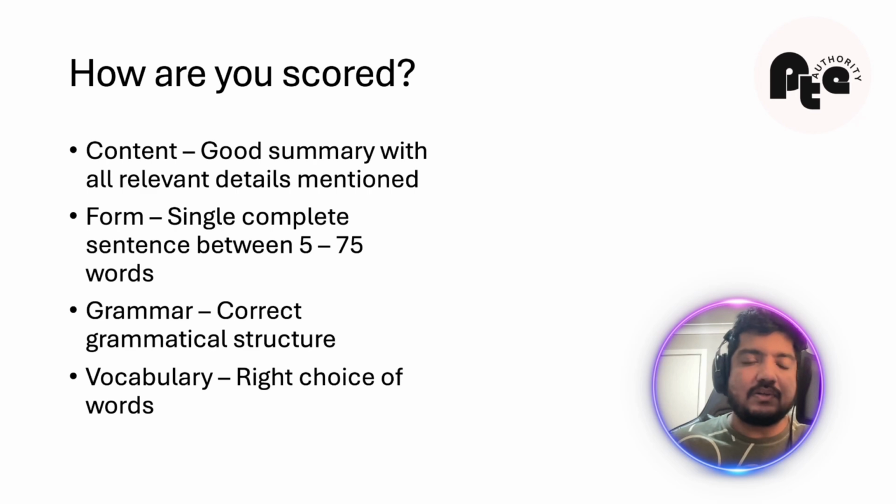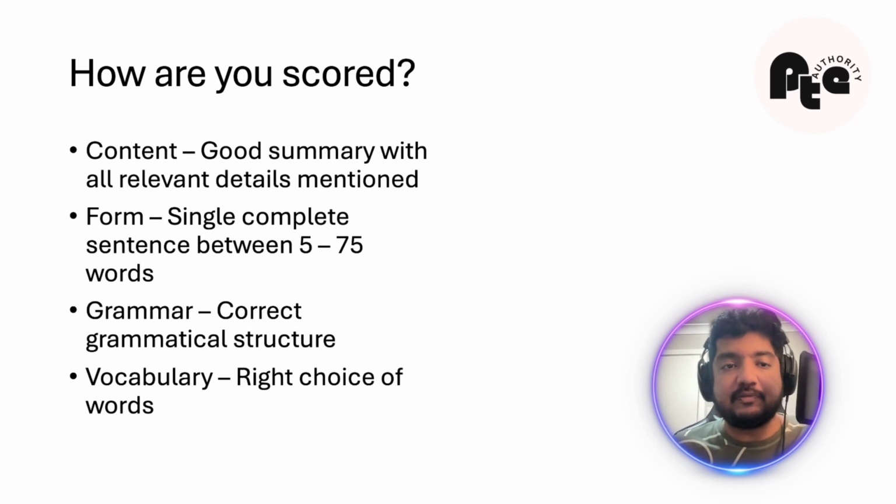How are you scored? Obviously the content is very important. Your summary should have all the relevant details that are mentioned in the passage. It doesn't necessarily have to have all the details, but the ones that are most relevant should be present in the summary. The summary should be 1 sentence long, between 5 to 75 words, and it should have correct grammar and vocabulary.